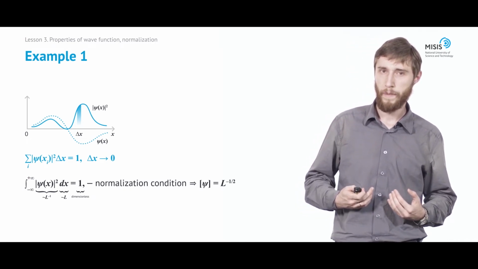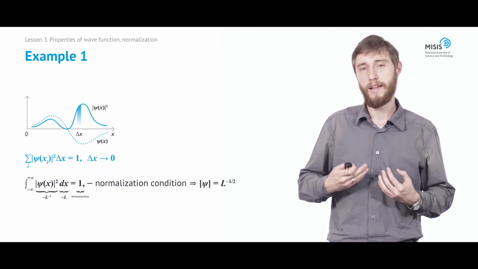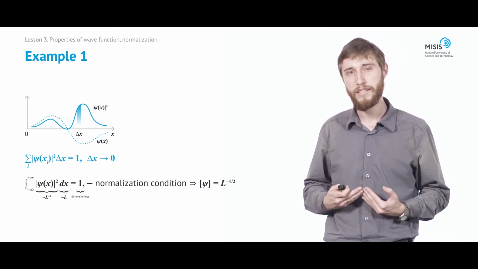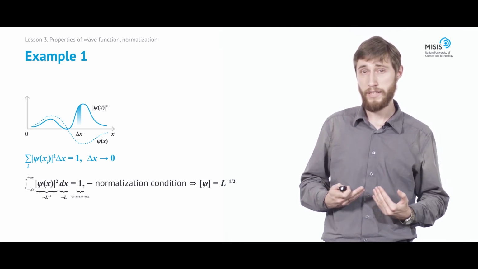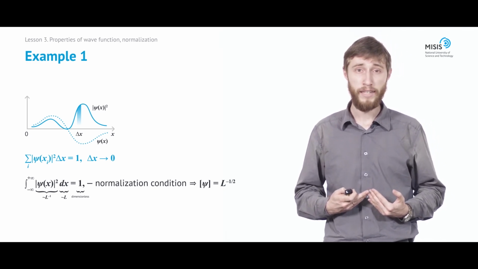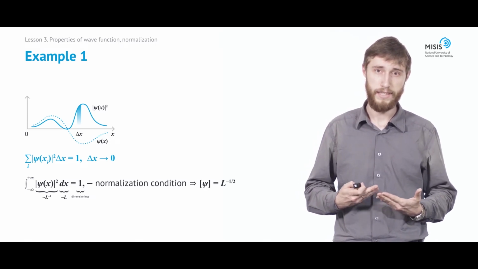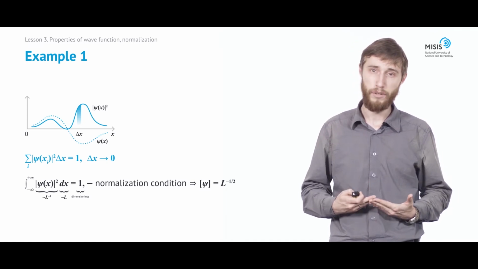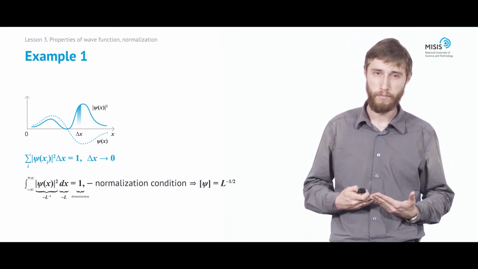Now we can ask, in what units is the wave function expressed? The answer depends on the dimensionality of the system and can be easily deduced from the normalization condition. For a 1D system, we see that the right-hand side is dimensionless. dx has the dimensions of length, therefore |psi| squared has dimensionality of length to the power minus 1.